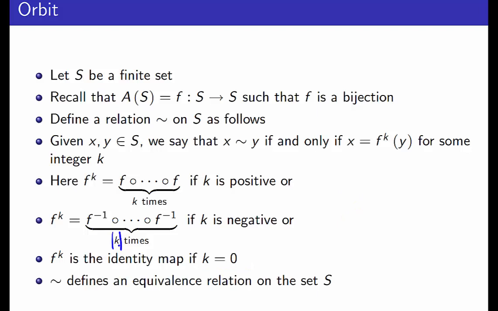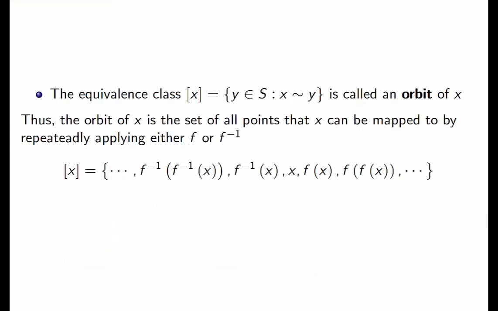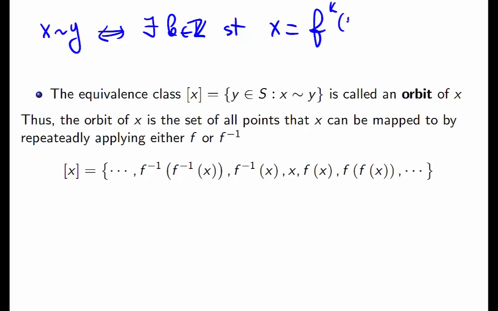Now, I will leave it to you to verify that this is actually an equivalence relation. So you just have to show that it satisfies all three axioms required to be an equivalence relation. Now, suppose we have accepted the fact that the relation x is related to y if and only if there exists some integer k such that x is equal to f^k of y is an equivalence relation.